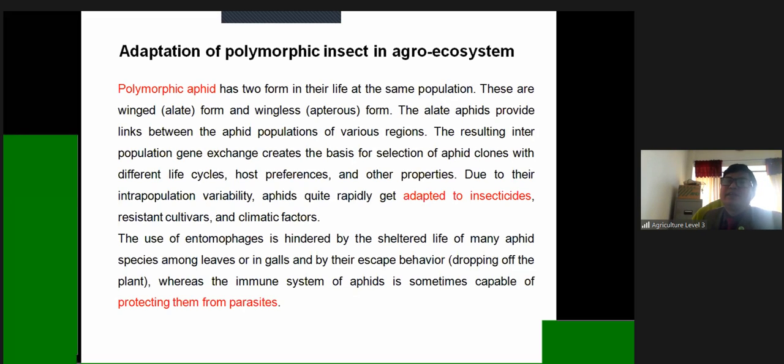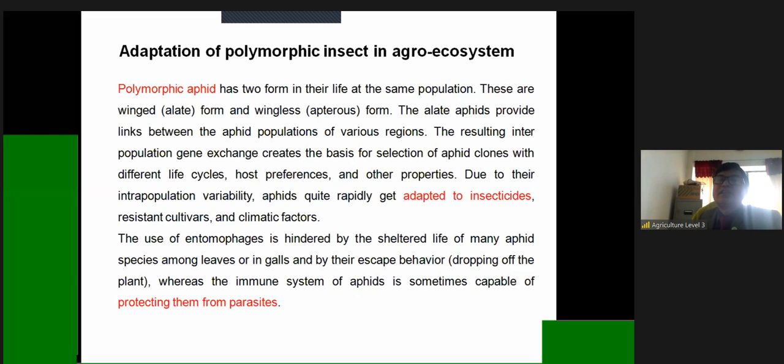And finally, a new generation is produced which becomes stronger to the insecticides. That means they become more resistant than their parents to the insecticides.